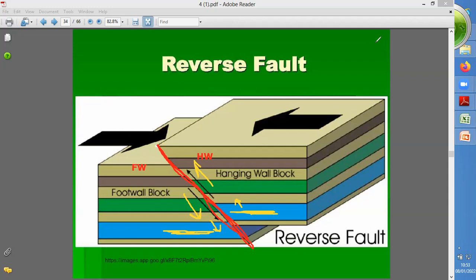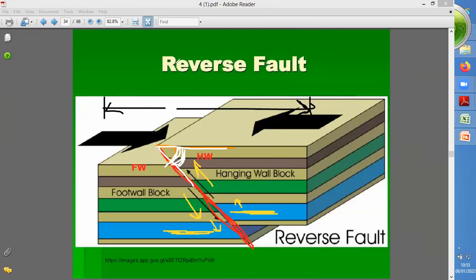Okay, now you can see another feature, that angle. So this angle, let's wait, I will put another color. This angle which I have marked here in white color is less than 45 degrees in the reverse fault, before and after faulting. So this is the total horizontal distance after the faulting.